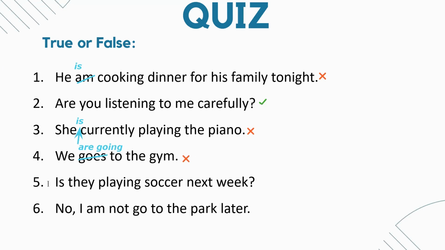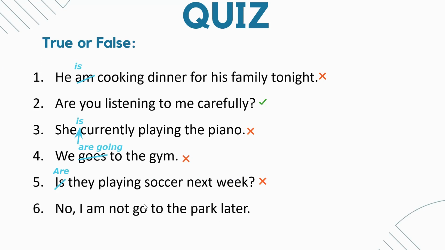Number 5, is they playing soccer next week? So again, our verb to be does not sound correct. We should be using the verb to be are. Are they playing soccer next week? And number 6, I am not go to the park later.